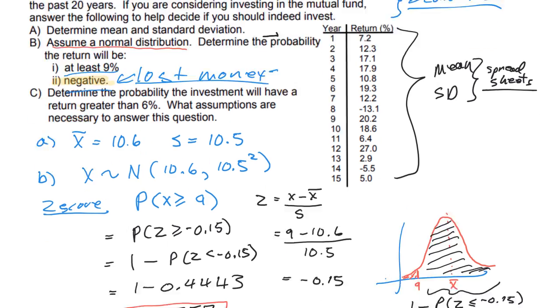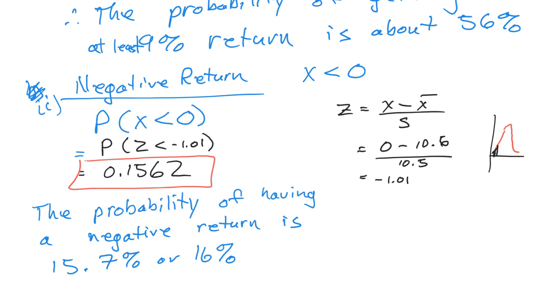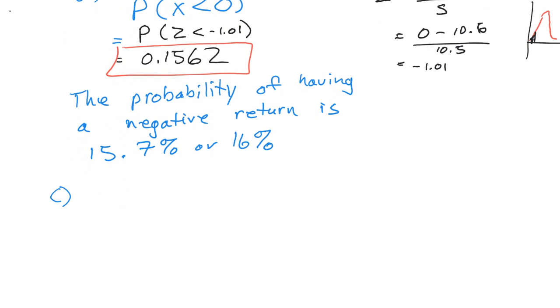Okay? All right. So, one of the assumptions is that we're looking for the probability of X being greater than 6. So here's what we have to do right now. We have to calculate our Z-score. So our Z-score is calculated like this.